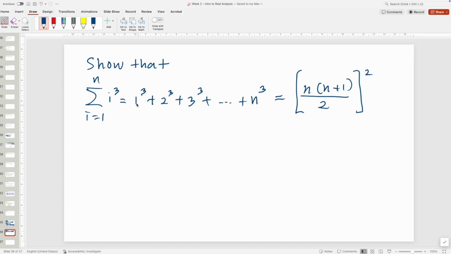This one also appears in Calculus 2. So you can start with the collapsing sum.